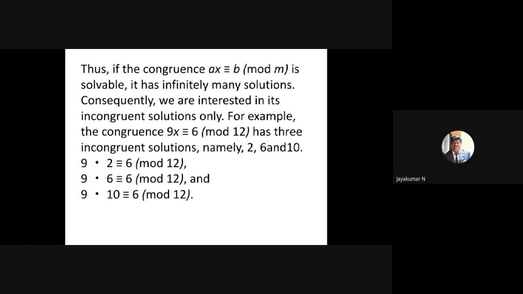First put x equal to 2. 9 into 2 is 18, and 18 is congruent to 6 mod 12. When you put x equal to 6 in the congruence, 9 into 6 is 54, which is congruent to 6 mod 12. When you put x equal to 10, 9 into 10 is 90, and 90 is congruent to 6.